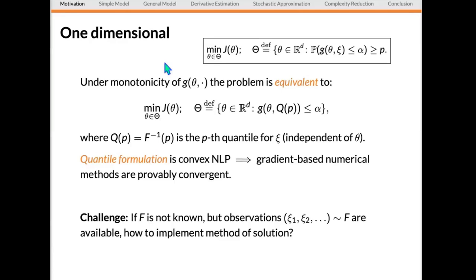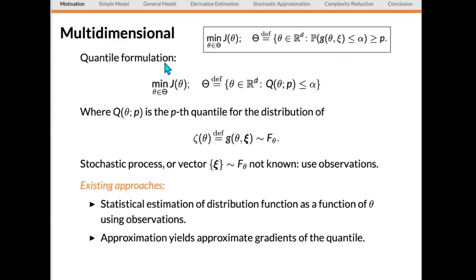So that's one challenge. In the multidimensional case, the problem is a little bit more complicated because now the variable C is not necessarily a random variable. It might be a vector, it might be a whole process, it might be something really complicated. But the safety function is a real-valued function.